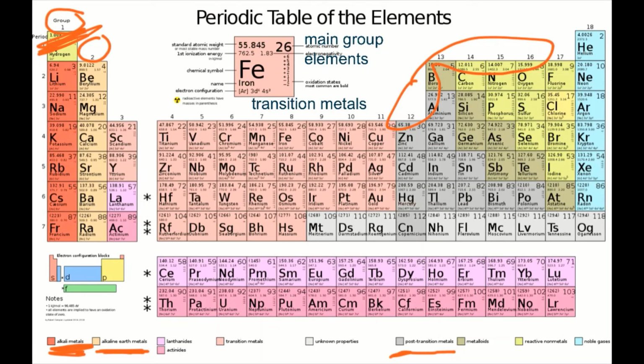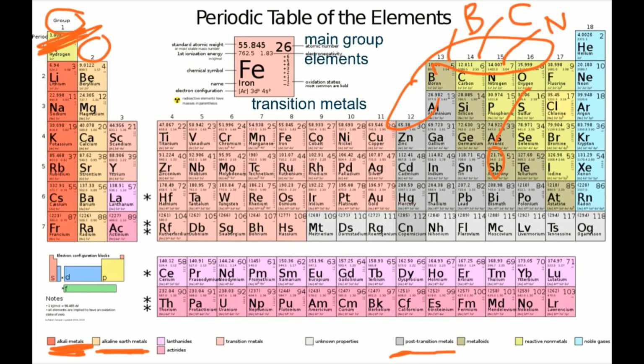We are going to ignore group 12 for now. Let's focus on group 13. Group 13 is called the boron family because the first element in that group is boron. Now group 14 is the carbon family. Group 15 is the nitrogen family. Group 16 is the oxygen family.